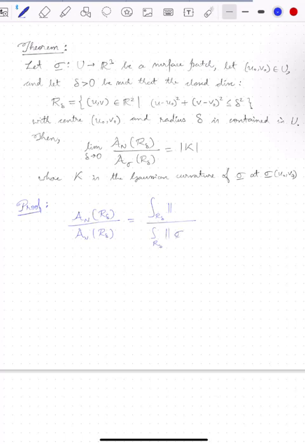Here it would be sigma u cross sigma v integrated over the parametric space du dv. And of course there will be a half here, and a half there, which cancels out, right?